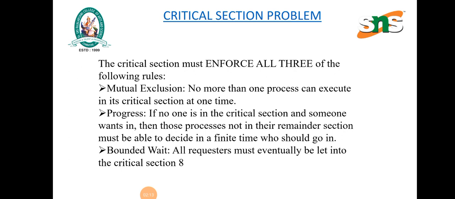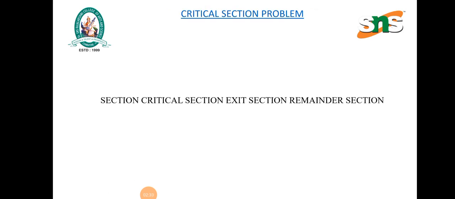The critical section must enforce all three of the following rules: mutual exclusion, progress, and bounded wait. Mutual exclusion: no more than one process can execute in the critical section at one time. Progress: no process in the remainder section should block others from entering the critical section. Bounded wait: here, the structure is critical section, exit section, remainder section.